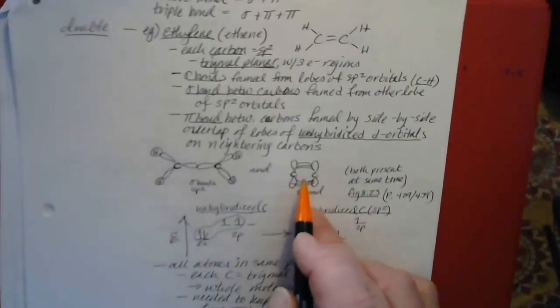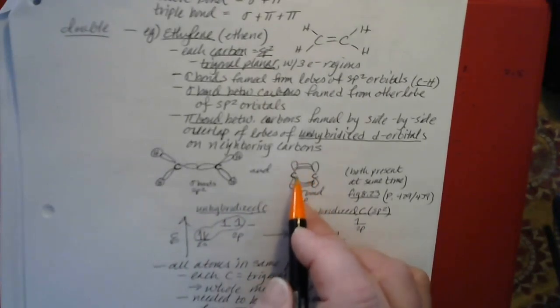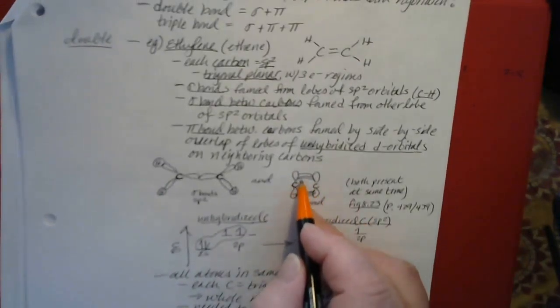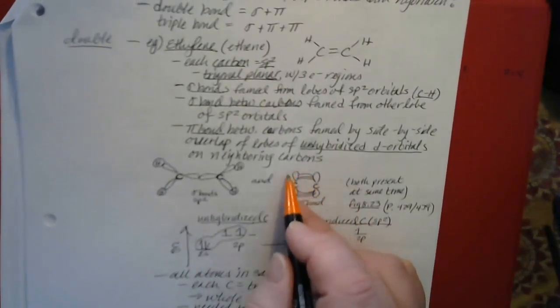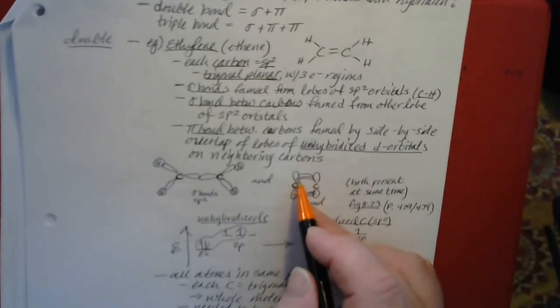At the same time, each carbon has unhybridized orbitals which line up next to each other. And the way the book draws them, they draw them with the lobes on these orbitals being really fat. But I've tried it that way, and I'm really not very good at drawing it that way. And a lot of books tend to draw them thinner anyway, because it's neater and it leaves more space for other stuff in the drawing.